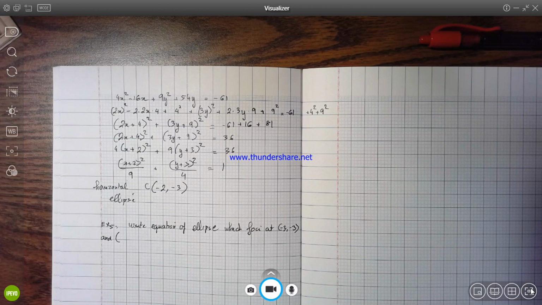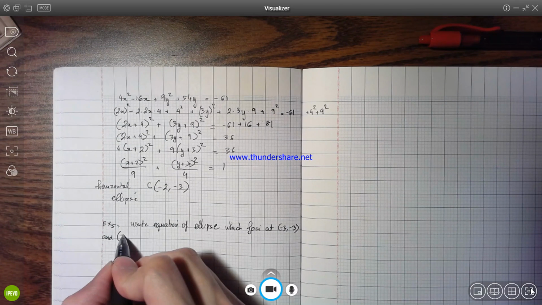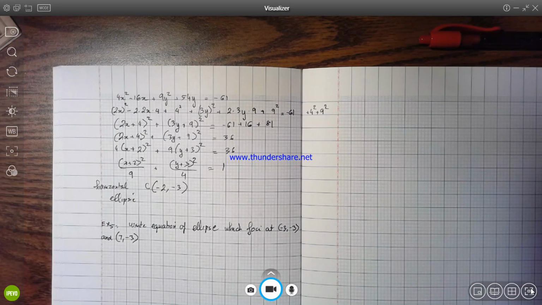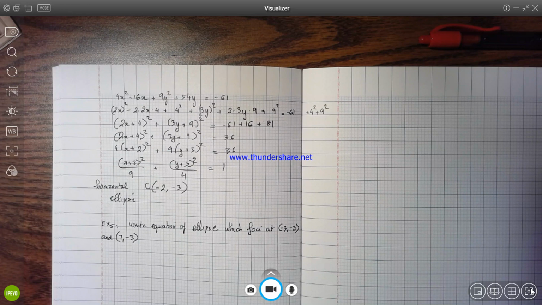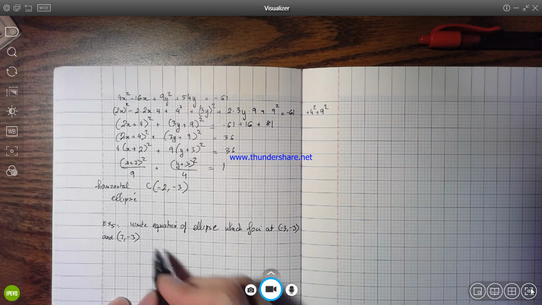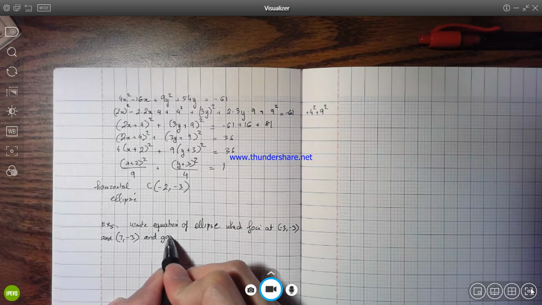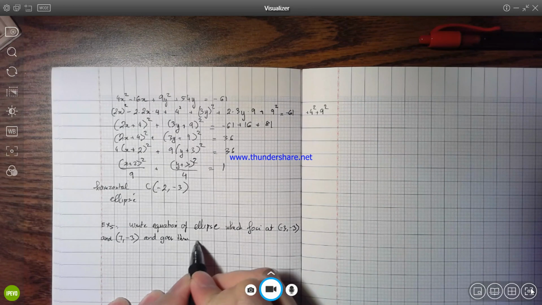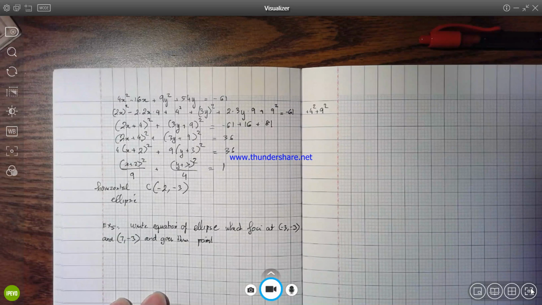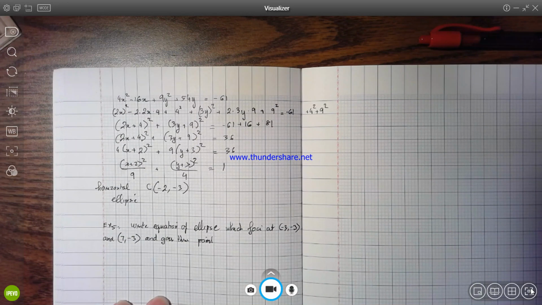So they give us two foci already. And it goes through the point 2, 1.